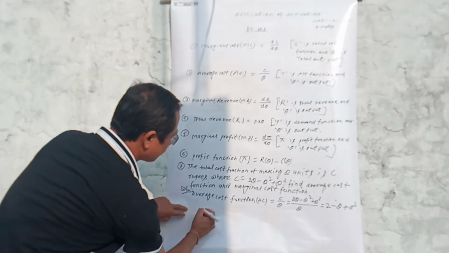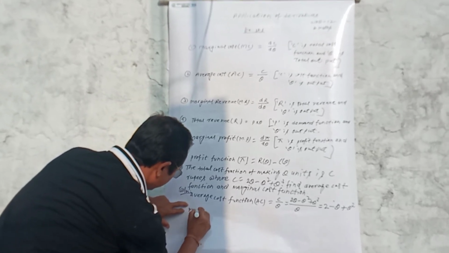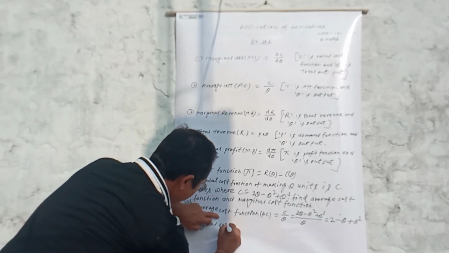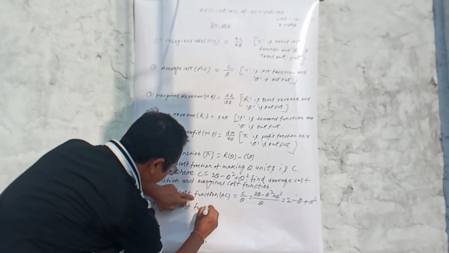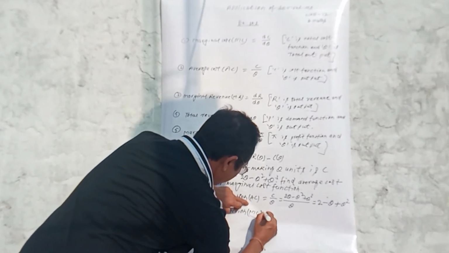Next you have to find the marginal cost function, MC in shortcut.